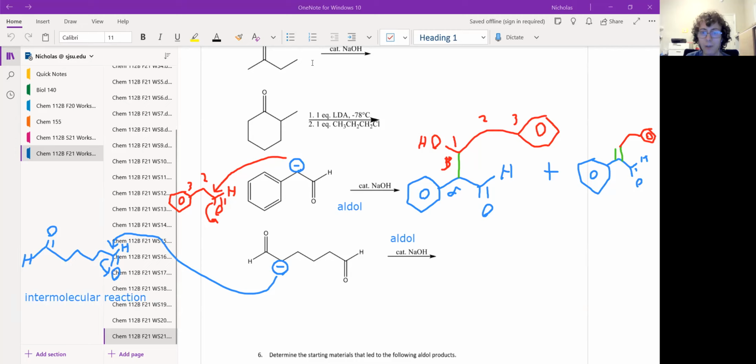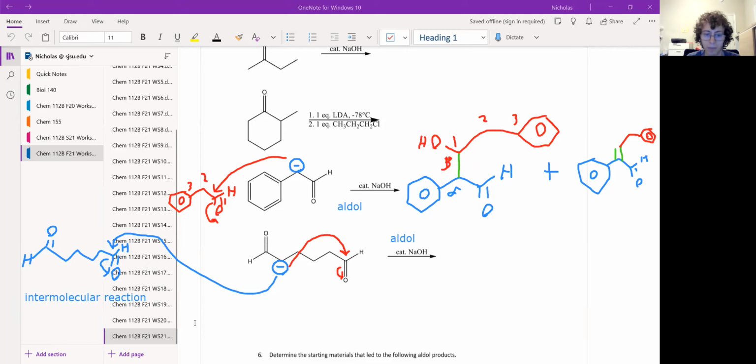And we have another neutral aldehyde right here in the same molecule. So the enolate will prefer to attack this because it's in the same molecule. It's closer, they don't have to bump into each other in space, so it will be a faster reaction.